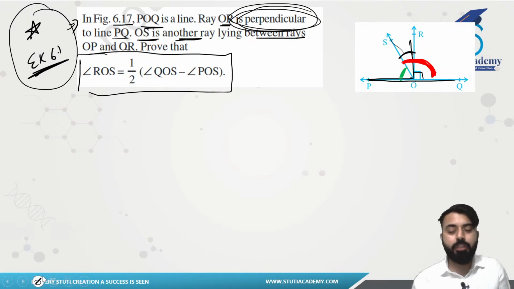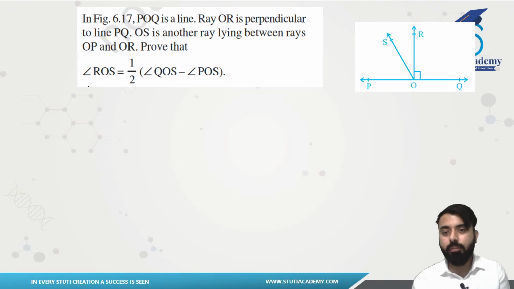So see what we have to do here. Firstly, look at this one. We have to prove this, and firstly, observe anything that you can see with this question. I can see this is 90 and this is 90 as well. So this alone is 90 and the sum of these two is 90 as well, and both of them are equal.